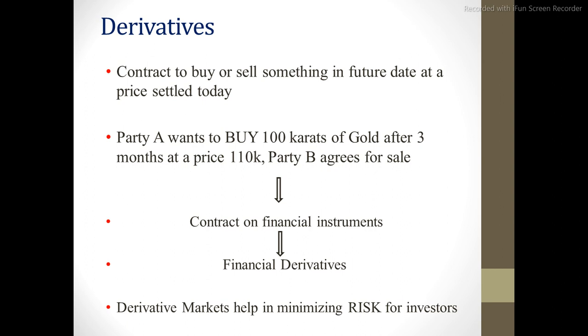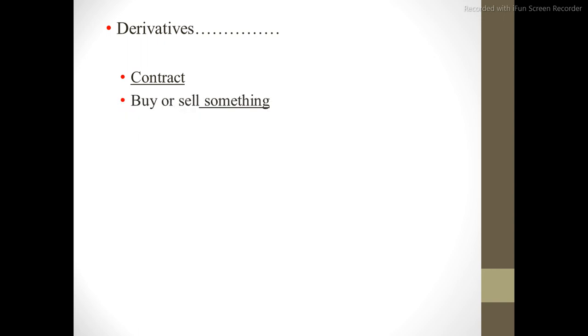So four things must be remembered within the derivatives contract. First, within the derivatives market there must be a contract between two parties or two investors. The second thing is that the contract must be for the sale and purchase of something or some assets.